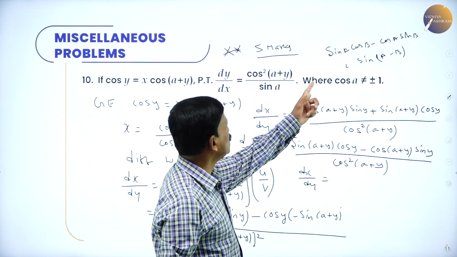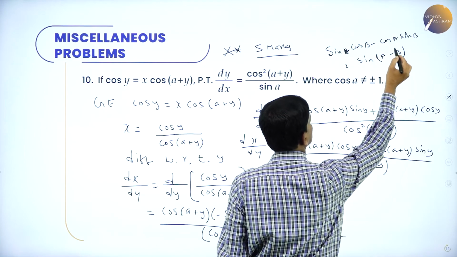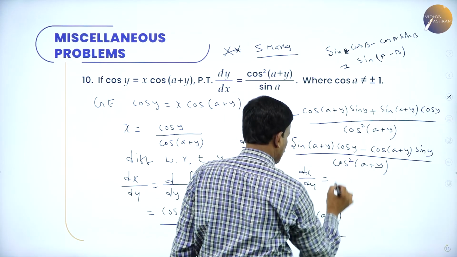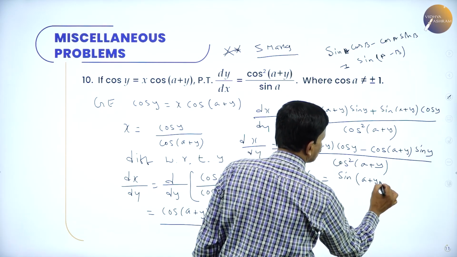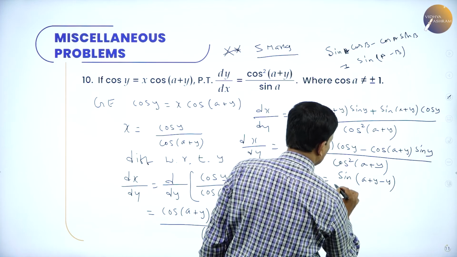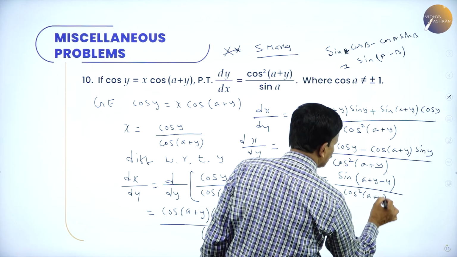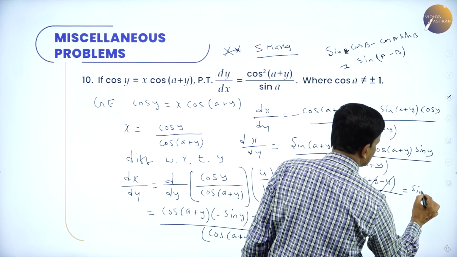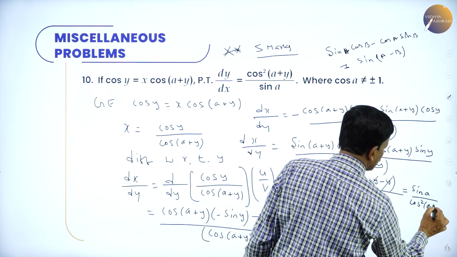Sin A cos B minus cos A sin B. So, I can write this as sin (A minus B). What is A? A plus y. What is B? y. Divided by cos squared (a plus y). Now, minus y plus y gets cancelled. What is left in the numerator is sin a, divided by cos squared (a plus y).